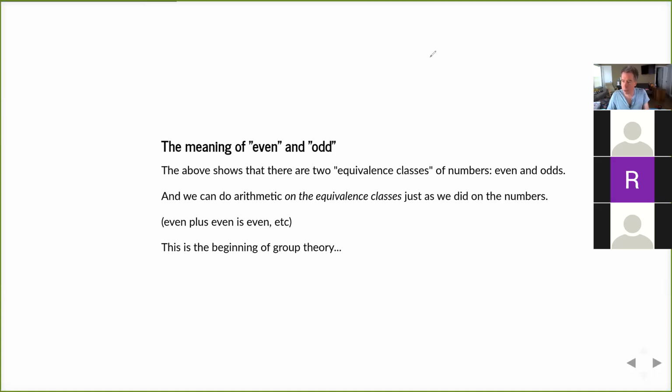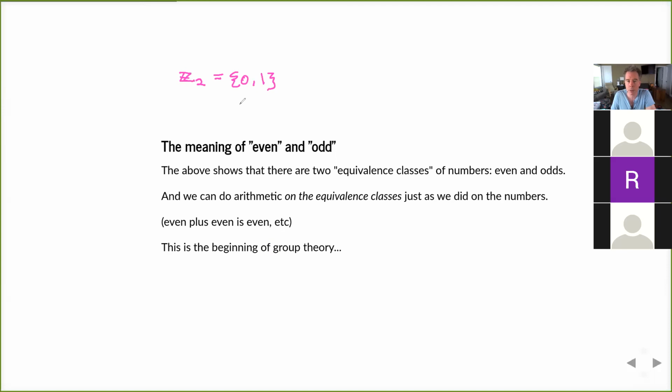So here I allude to equivalence classes. When we work modulo 2, we're just talking about 0 and 1, but there's a fancier way to understand what's happening here in terms of equivalence classes.